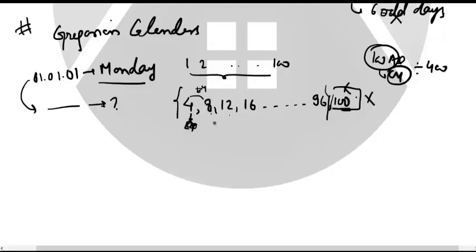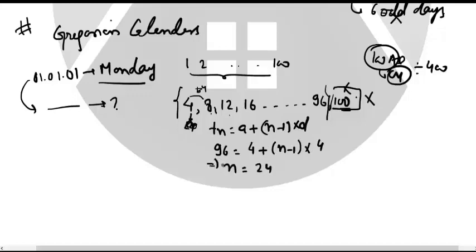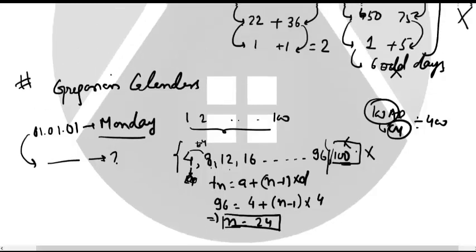We know the formula: Tn is equal to first term plus number of terms minus 1 into the common difference. So the last term is 96, first term is 4, number of terms we need to find out, and the common difference is 4. If you solve this, you will get n as 24, not 25, unlike this calculation.